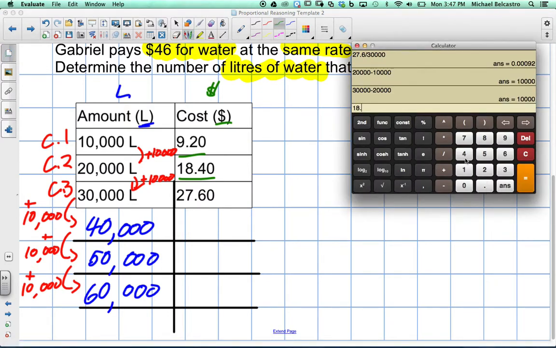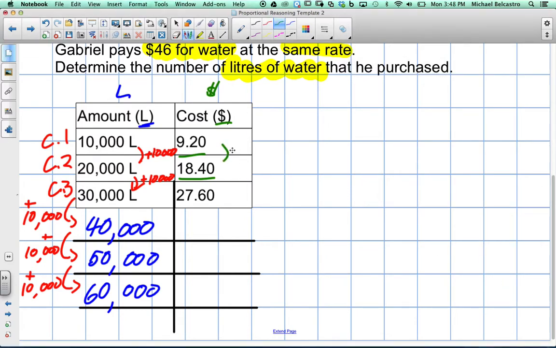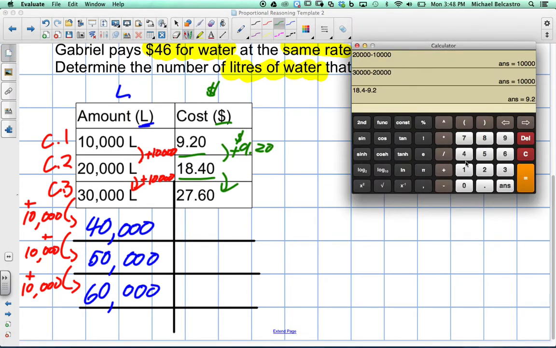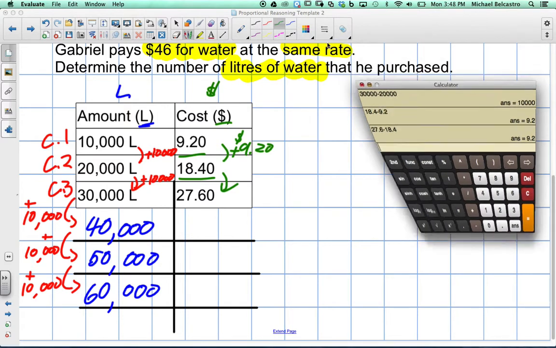So 18.4 subtract 9.2 equals 9.2. Okay, good to know that this increased by $9.20. Okay, and then we're going to take this and see if this rate is the same again. So this time we'll take the 27.6 and subtract the 18.4, and lo and behold, $9.20 again.